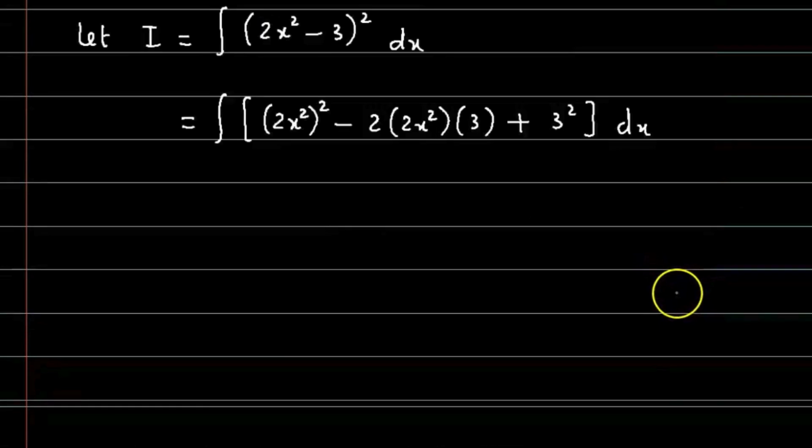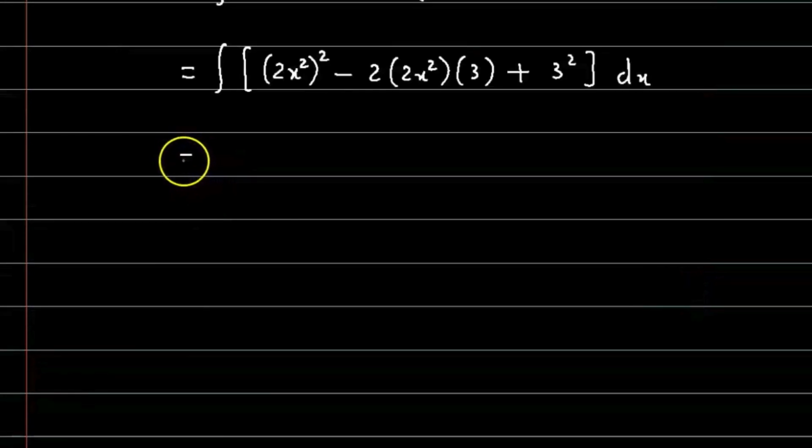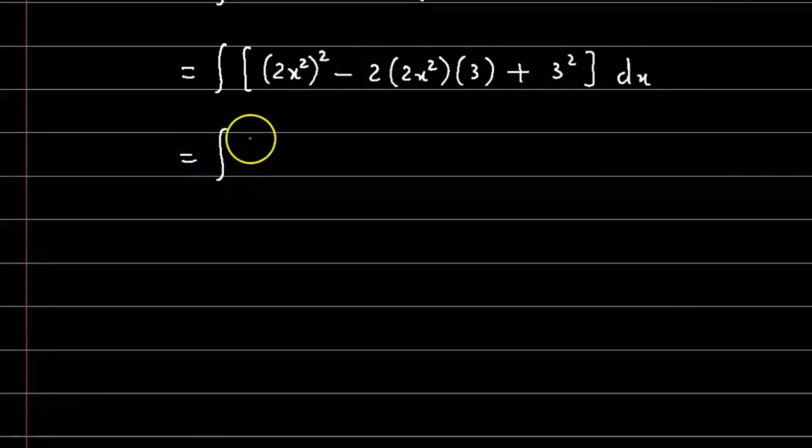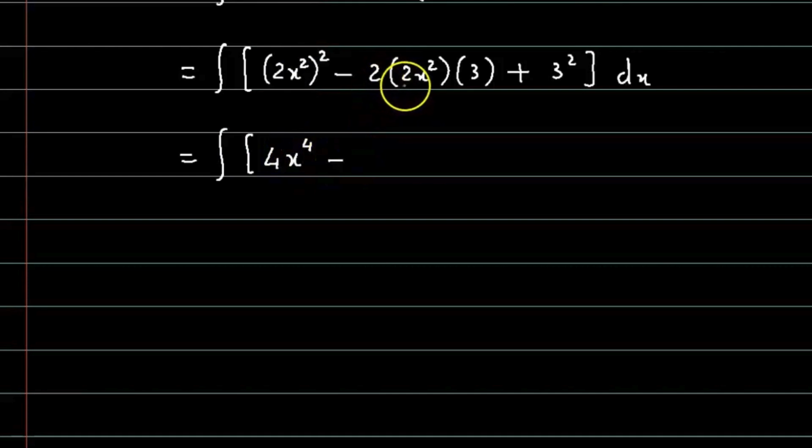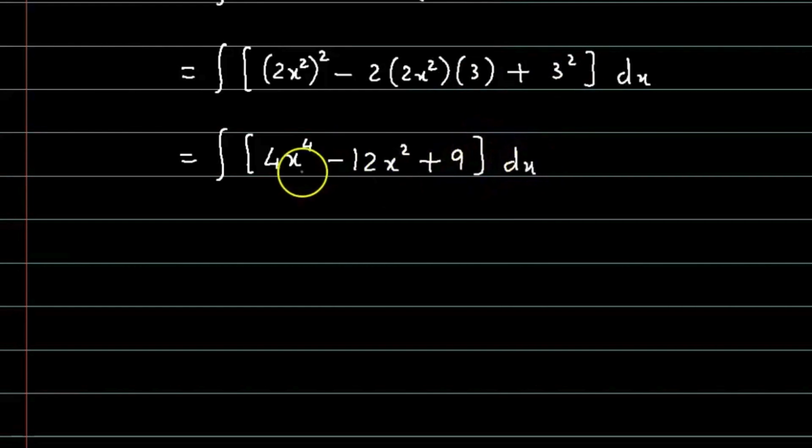And further we obtain, so we have integration of now 2 square, that's 4, (x square) the whole square is x raised to 4, minus 2 2s are 4, 4 3s are 12, so 12 times x square plus 3 square is 9. And now we could easily integrate the three terms.